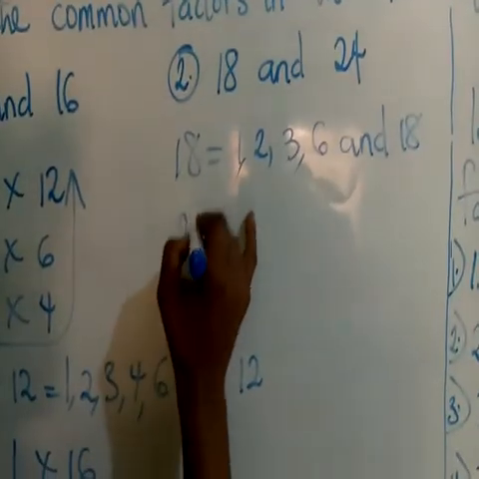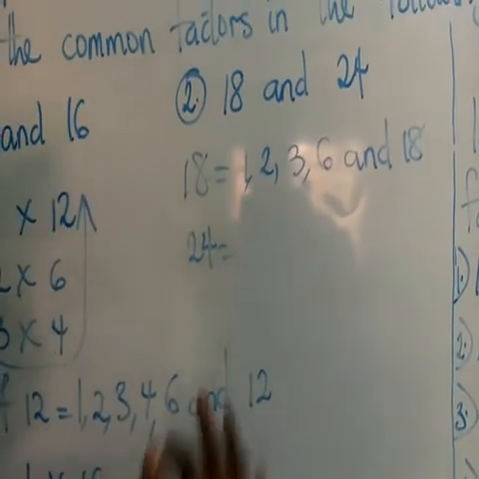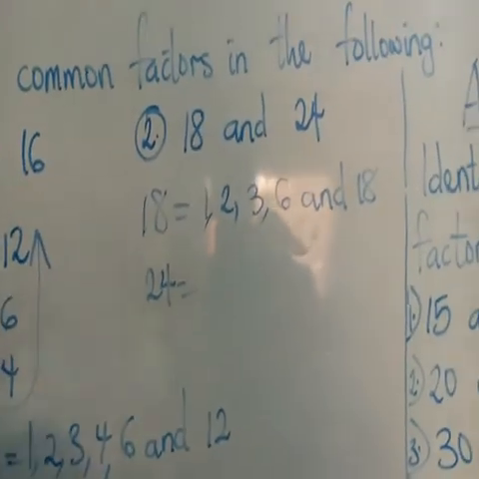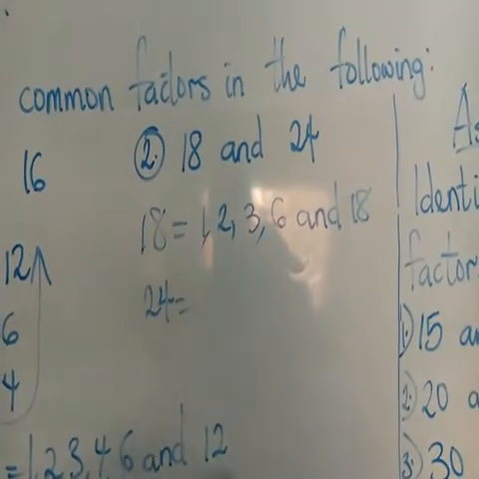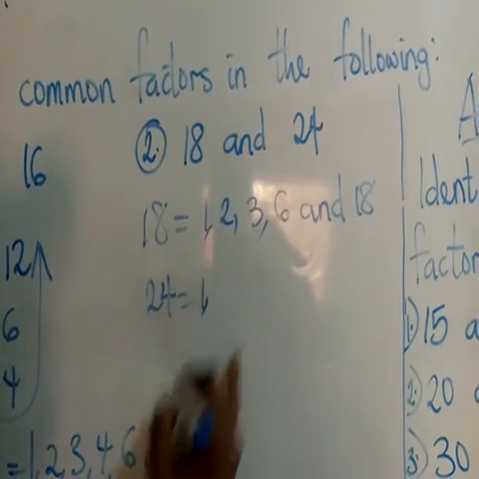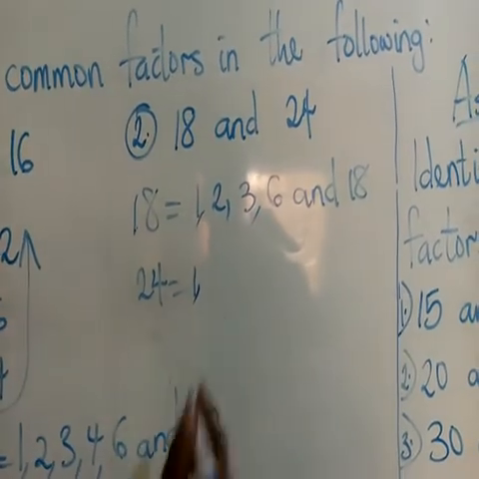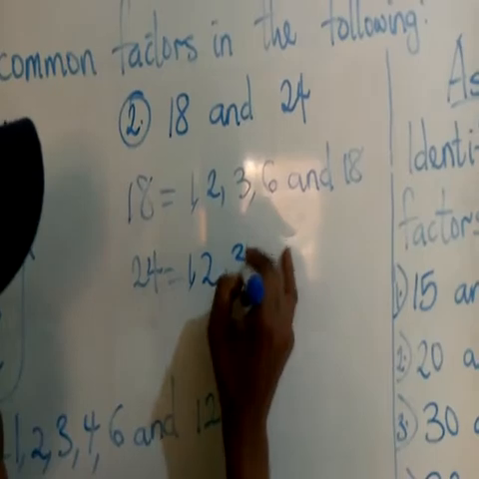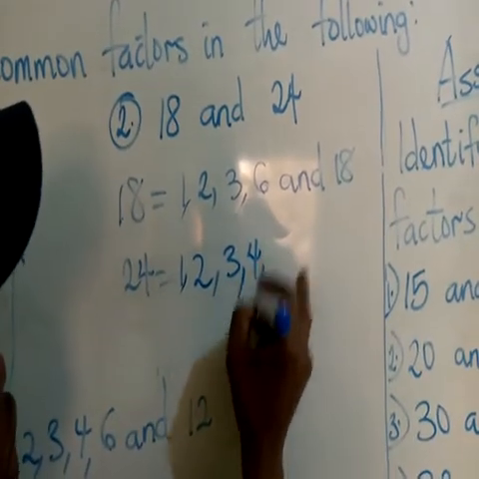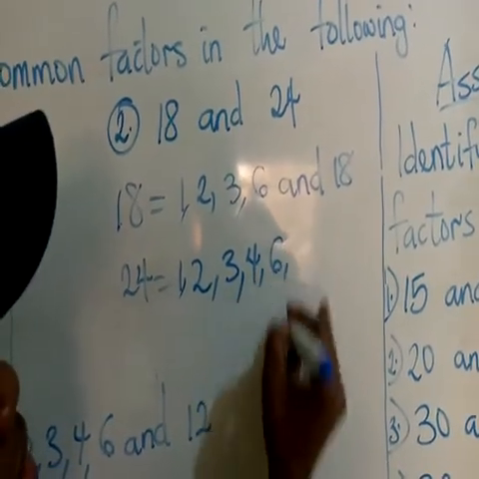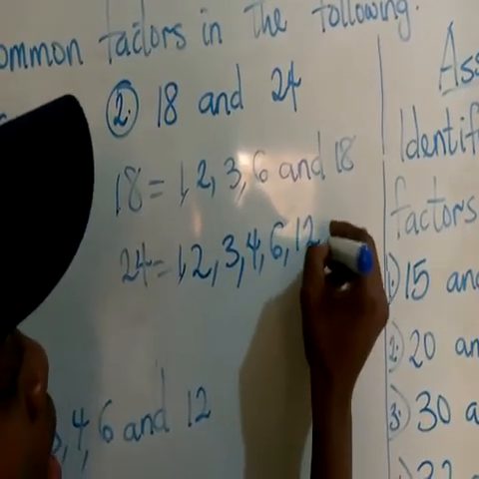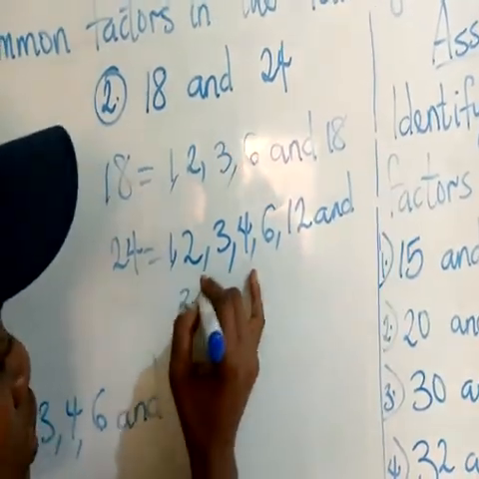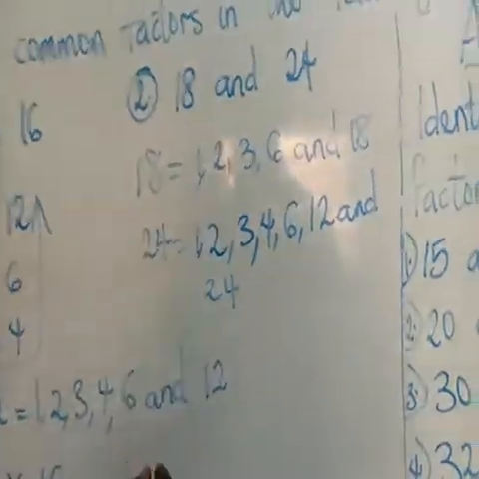I'm taking the shortcuts, which you might need to learn because of examinations. If you find yourself in examination centers, you can't be doing all this. It will be too long and it will take a lot of your time. For 24: 1, 2, 3, 4, 6, 12, and 24. So let's take the common factors.